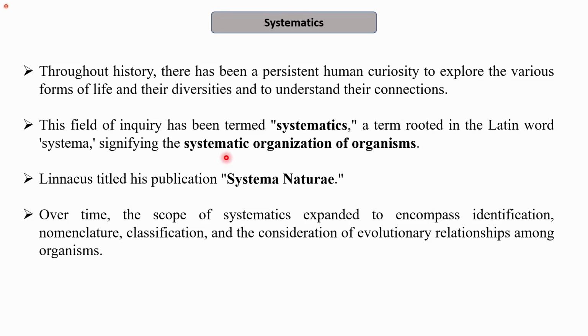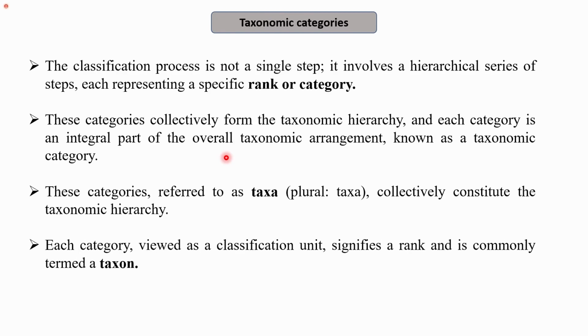It is now not limited to systematic organization based on identification, nomenclature, and classification, but also involves the evolutionary history or the evolutionary relationship of the organism with other organisms. So based on the different relations between organisms, or based on the characteristics which a certain organism carries and shares with other organisms, we perform the classification.